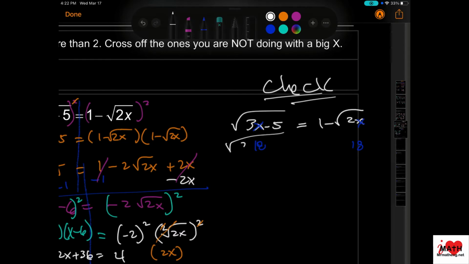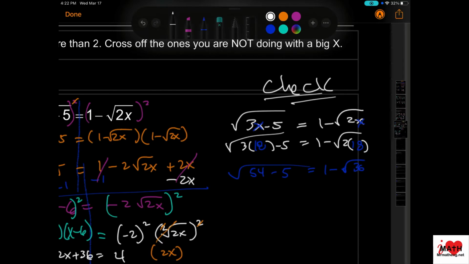So I have 3 times 18 minus 5 equals 1 minus square root of 2 times 18. 3 times 18 is going to be 54 minus 5. 1 minus the square root of 2 times 18, which gives me 36.